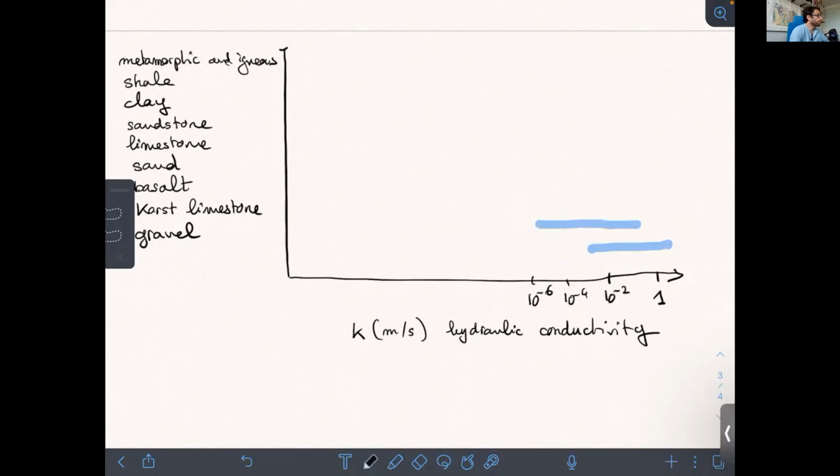For basalts, we go also down to 2 orders of magnitude and up more or less the same thing. For sand, go again 1 order of magnitude down.